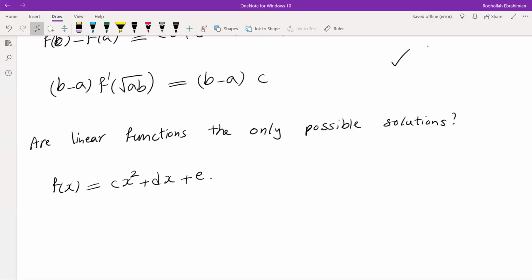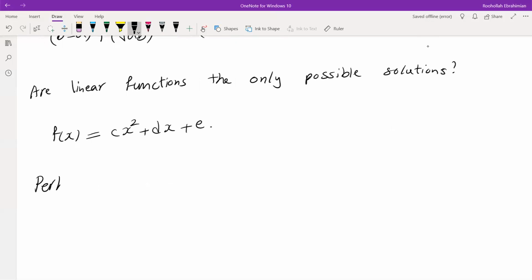So since I have a derivative here, I would have to show that it is linear. So in other words, I have to show that its derivative is a constant. So perhaps linear functions are the only solutions.